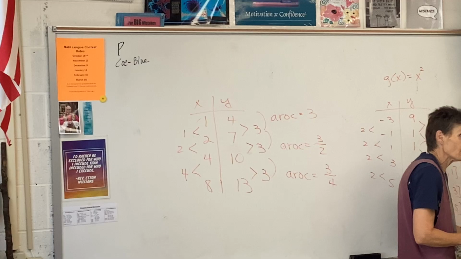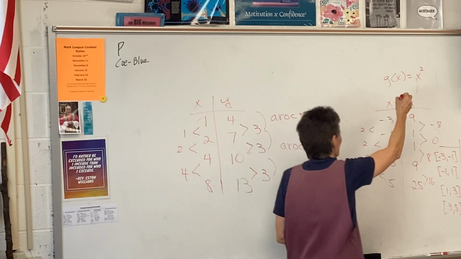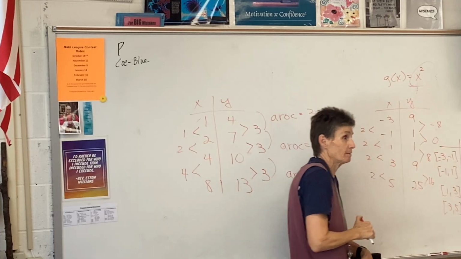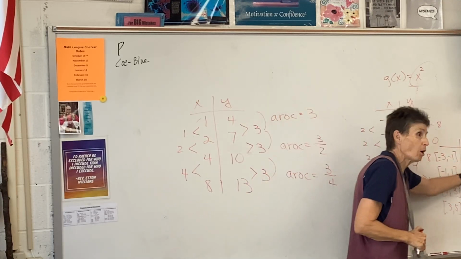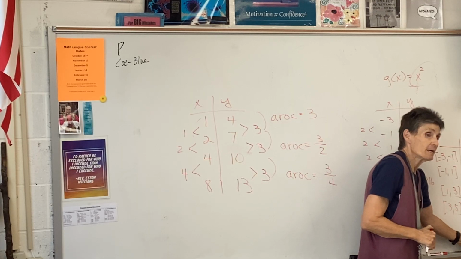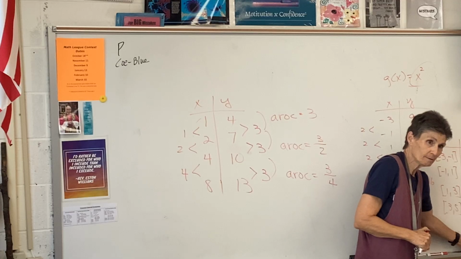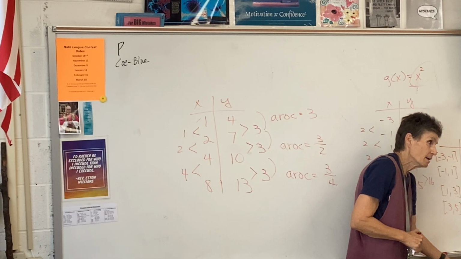That means they're linear. That is a characteristic of a quadratic function. So in a linear function, these would all be the same number. In a quadratic function, you're going to be going up or down by the same amount.